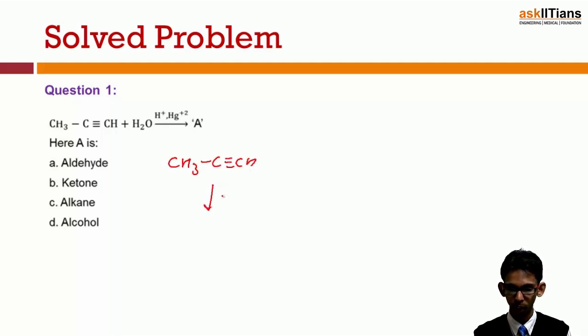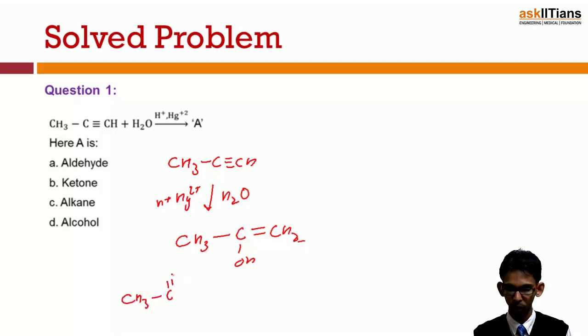When it is reacted with water in presence of acidic mercuric sulfate, we get addition product in which this is alcohol, this is alkene, and this undergoes rearrangement to form a compound CH3 C double bond O CH3, which is a ketone, acetone. So the correct option is B.